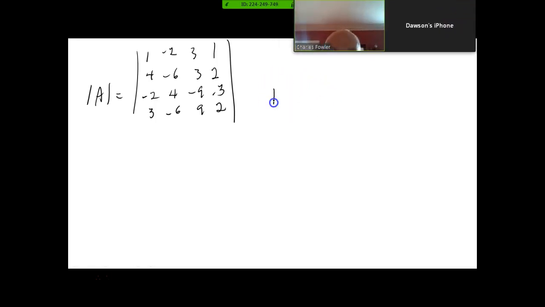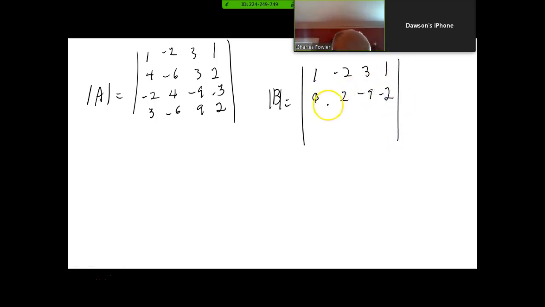Here's the determinant of matrix B. 1, -2, 3, 1, 0, 2, -9, -2, 0, 0, -3, -1, and 0, 0, 0, -1.